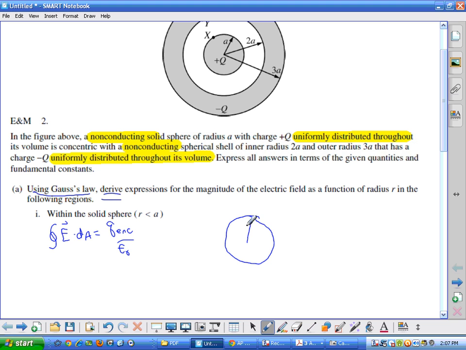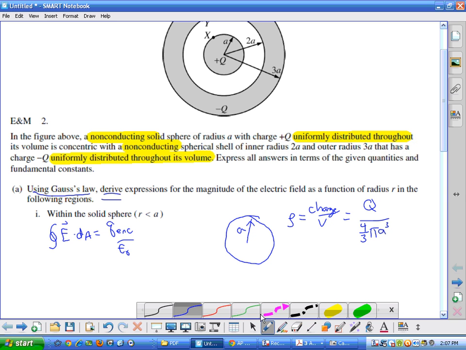It has a radius a, and it has a charge Q spread throughout it. So its charge density is the charge per volume. That's going to be Q divided by the volume of the sphere, so 4/3 pi times the radius a cubed.